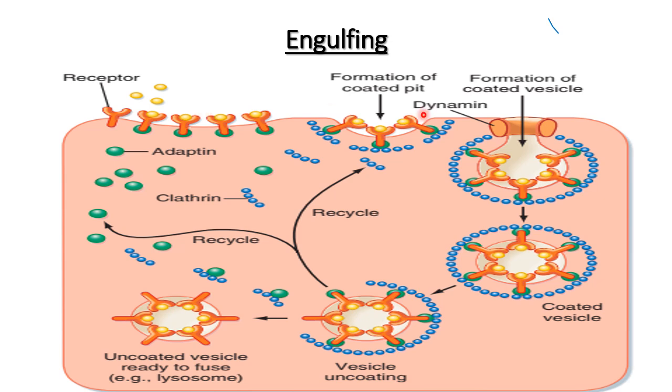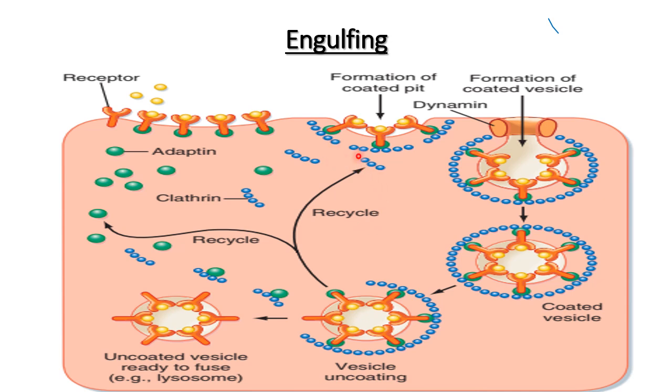How does that occur? The receptors on the surface of the leukocyte will be coated with adaptin proteins, and then the clathrin proteins, these blue structures, will coat themselves around the adaptin proteins. Why is that important?